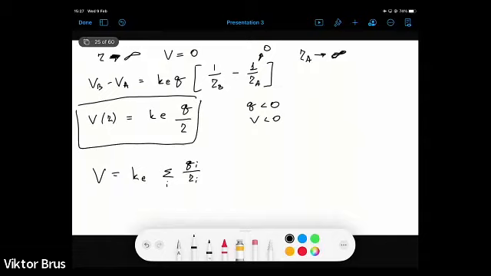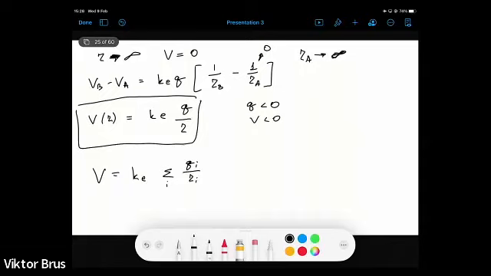Good. So now we also need to show how we can calculate potential energy in the system of a point electric charge and some test charge.